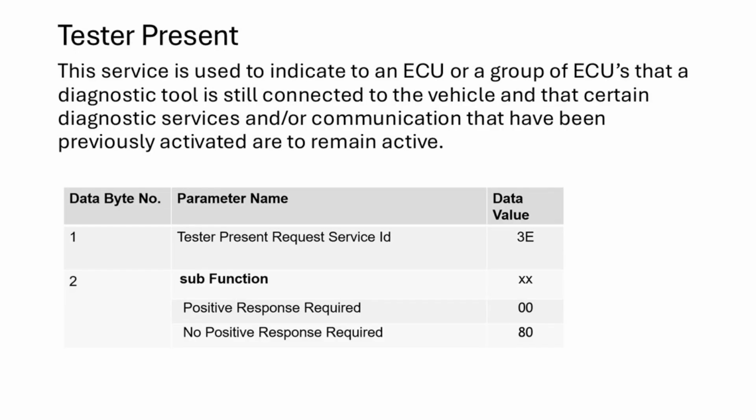So tester present service ID is 3E. This service is used to indicate to an ECU or group of ECUs that a diagnostic tool is still connected to the vehicle, or that certain diagnostic services and communication that have been previously activated are to remain active.